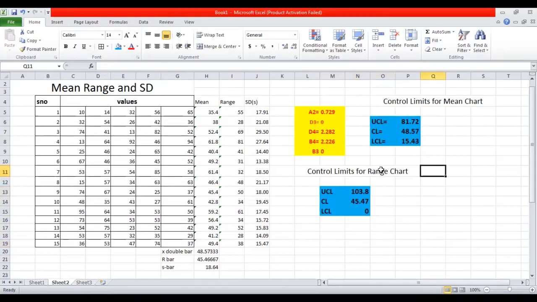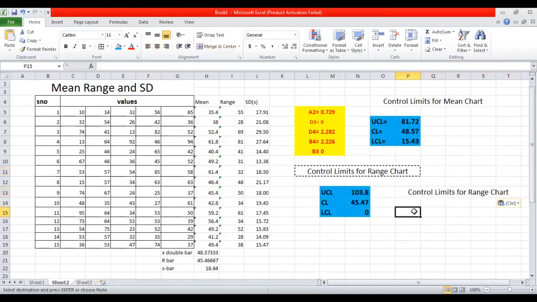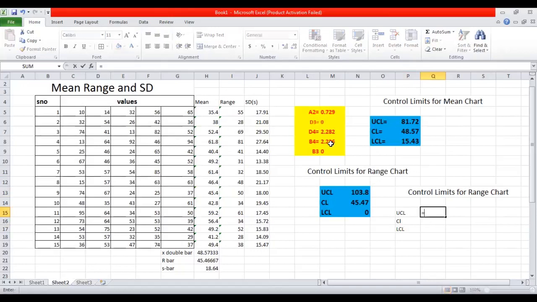Similarly, we'll find the control limits for the standard deviation chart. Coming to UCL, CL and LCL. What is the UCL for the sigma S chart? The UCL is B4 into S bar. So equals B4 into S bar value. This is the S bar value.